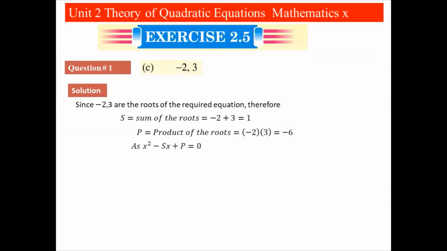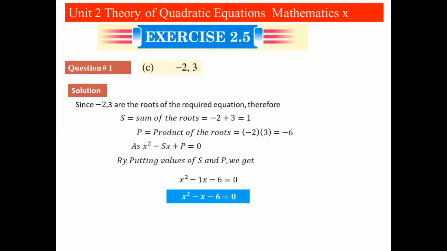As the quadratic equation is x square minus sx plus p is equal to 0, by putting values of s and p, we get x square minus 1x minus 6 is equal to 0, or x square minus x minus 6 is equal to 0. This is the required quadratic equation having roots minus 2 and 3.